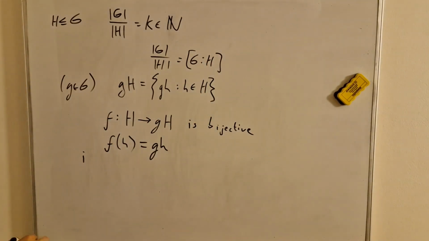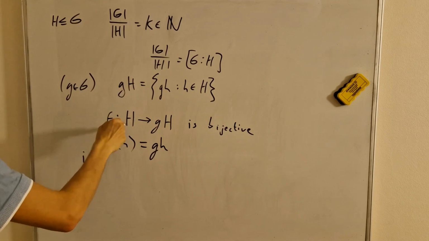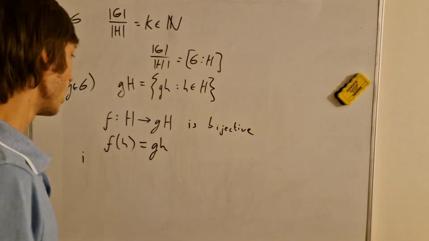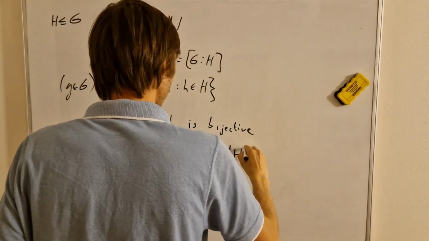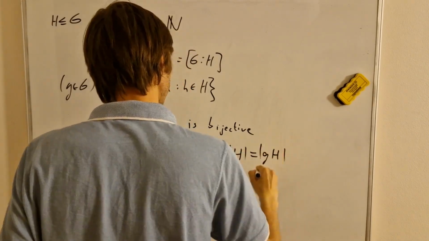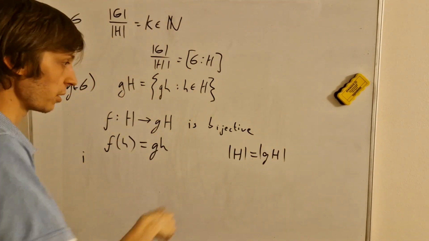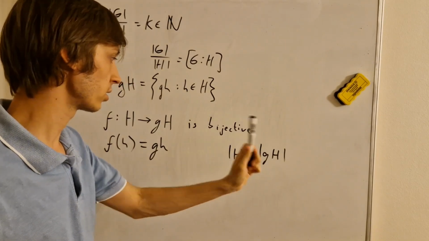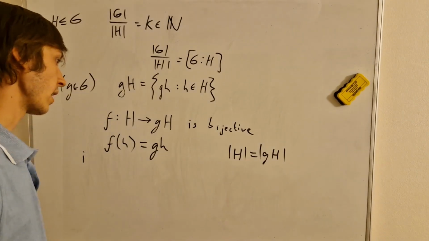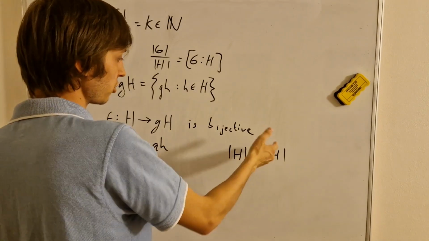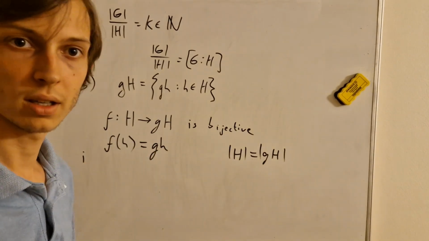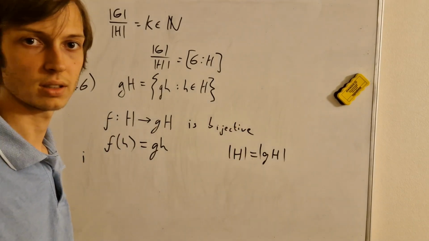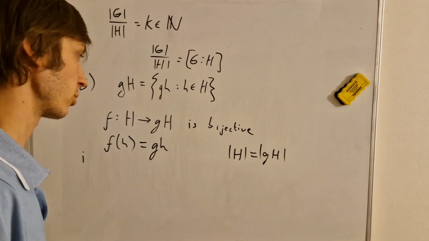And when we prove that a map from H to its coset gH is bijective, that means that the order of the group H equals the order of the coset. And this is an arbitrary coset, not a specific one. This is any element g from G and a subgroup H. So a coset generated by subgroup H with an element from G always has the same number of elements as the subgroup H.